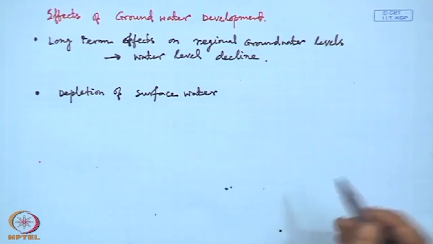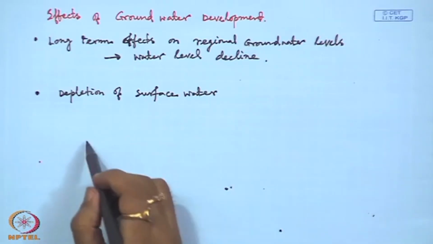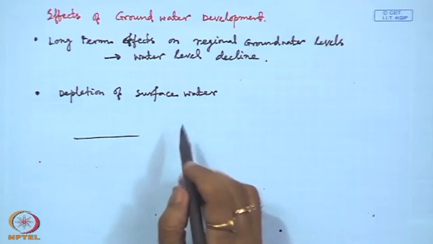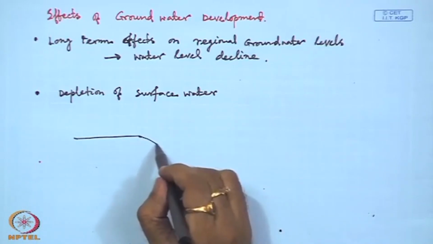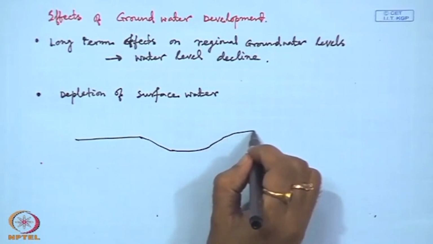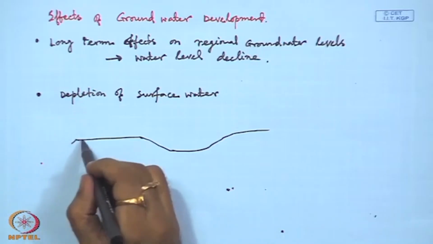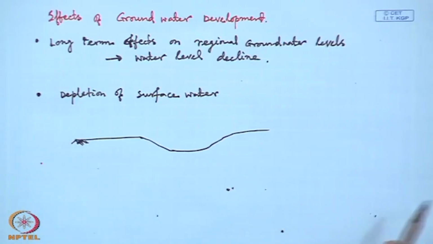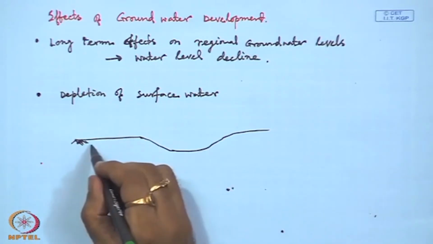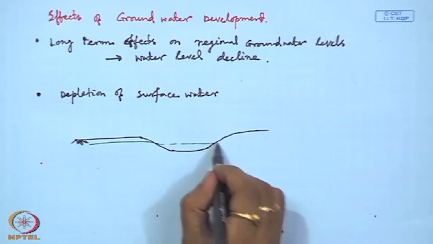Depletion of surface water is another major reason here, because let us say that this is our groundwater thing, and we have this ground surface. This is our ground surface, and we have water level like this.